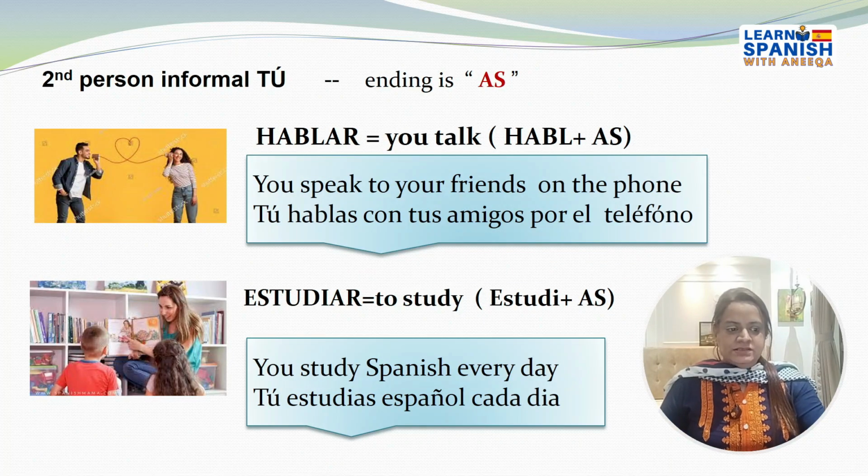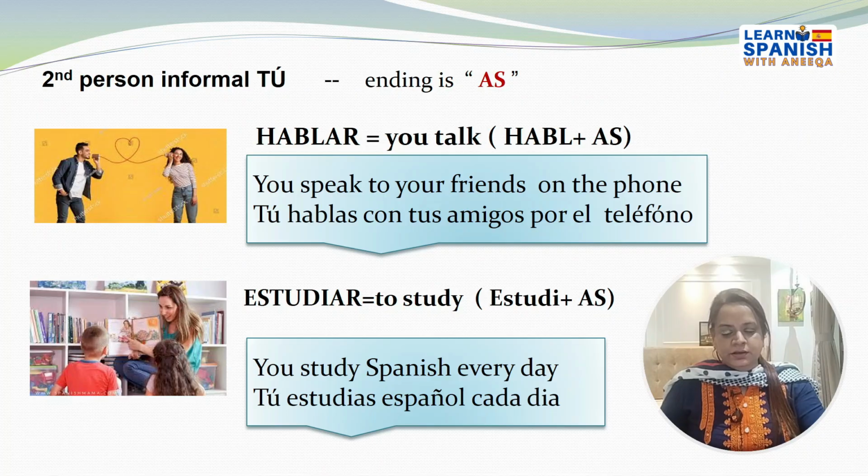Okay, now we will see the second person informal tú, which we use for people who are younger to us or of the same age. Now we have to remember that the conjugation of this will be AS, that is hablar, to talk, will become hablas.